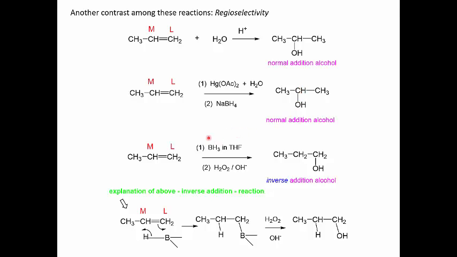But the boron sequence reaction is different. The alcohol that forms in this case has the OH group bonded to the end carbon, not the middle, as in the previous reactions. Well, let me explain why the boron reaction is different.